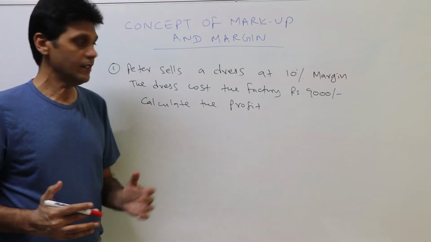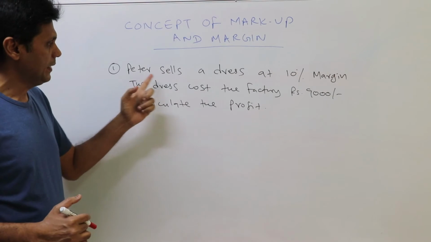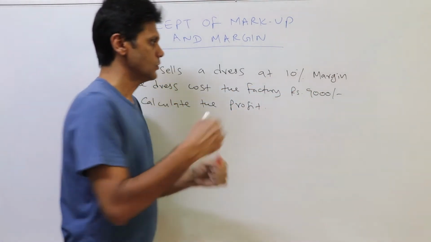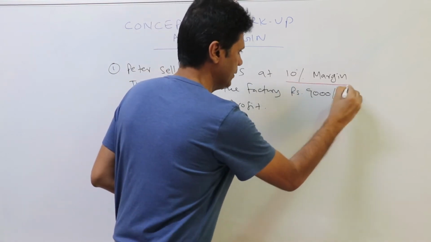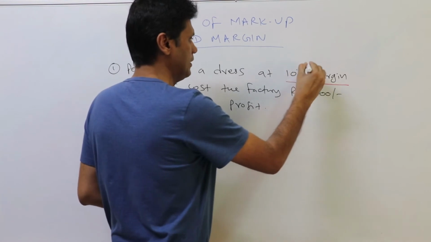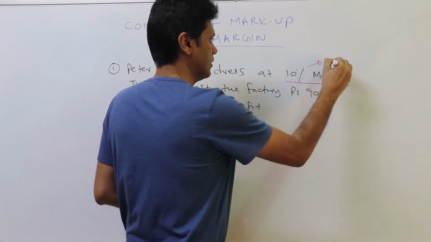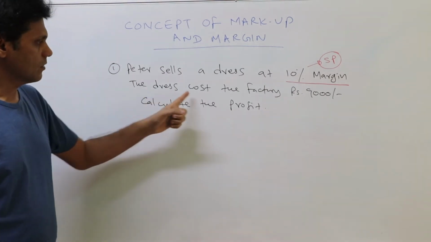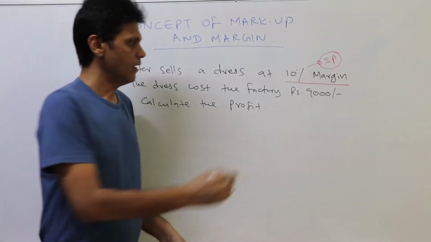Now let's look at the question. Peter sells a dress at 10% margin. So how is the profit expressed? 10% margin means the profit is expressed on selling price. The dress cost the factory 9,000.